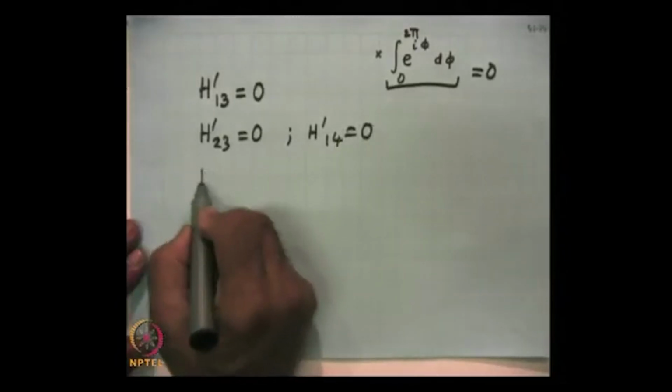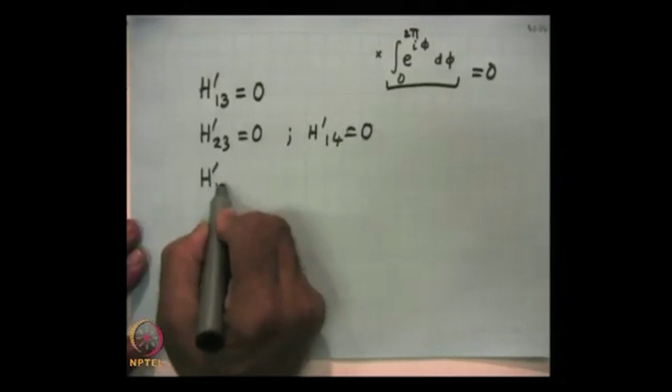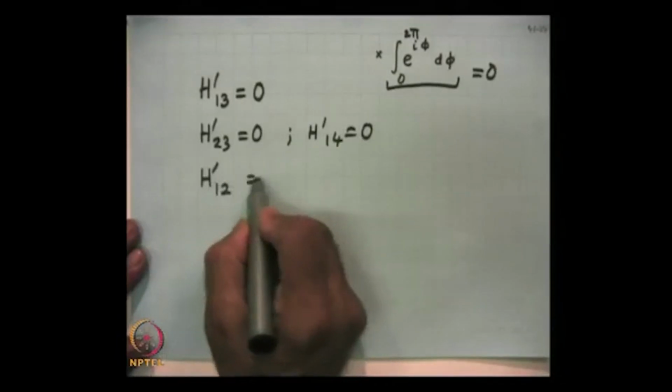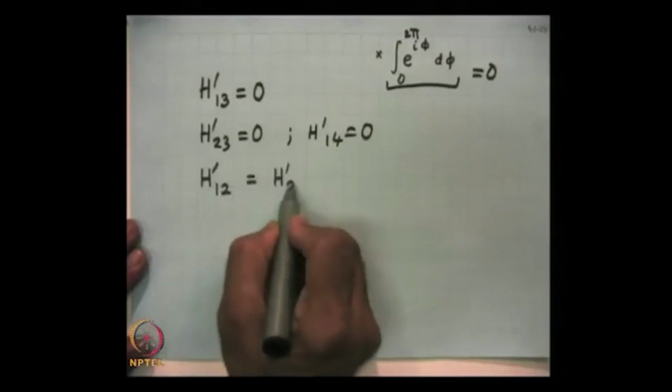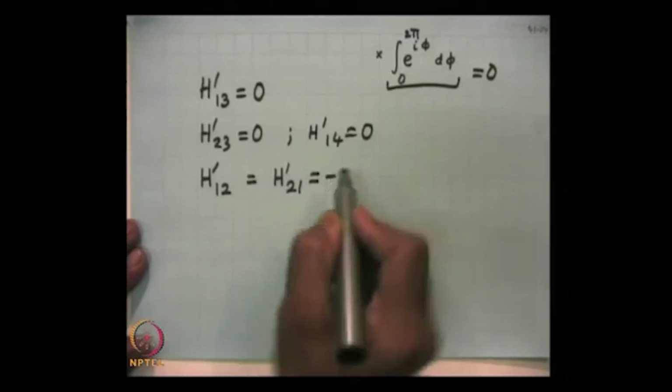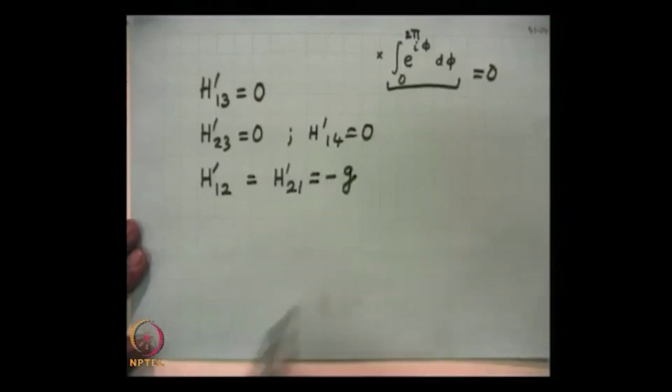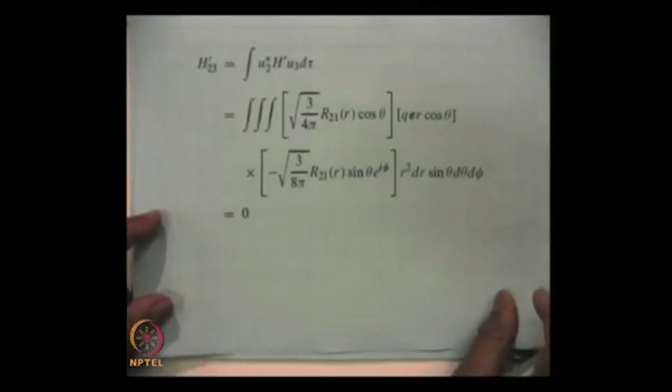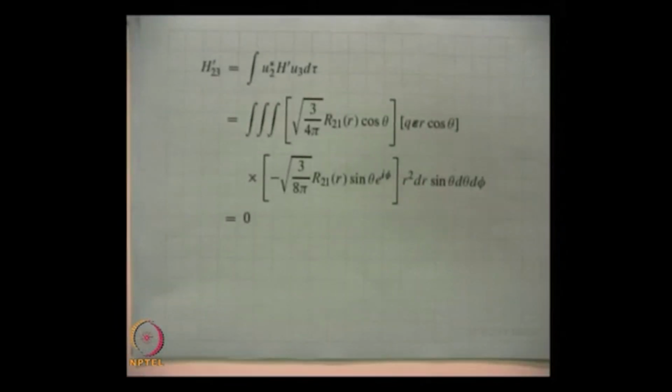The only two non-vanishing matrix elements will be H prime 1 2 is equal to H prime 2 1, which is equal to a constant quantity which I denote by G. Let me tell you once again that, for example, I have calculated H prime 2 3.